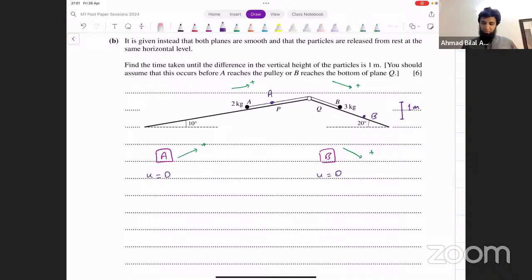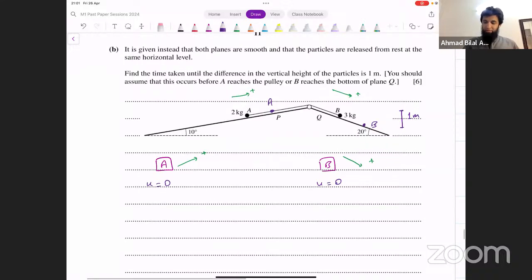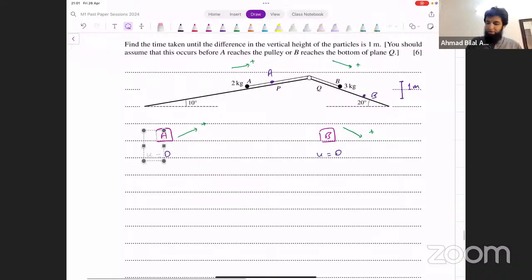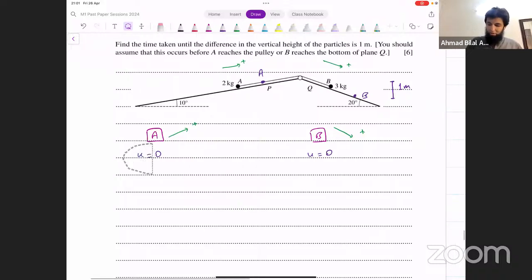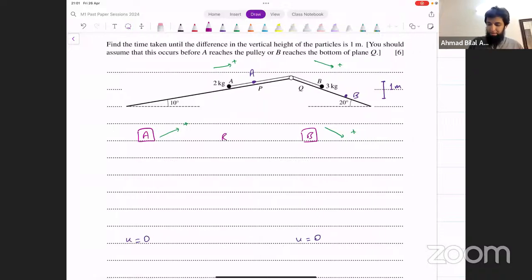What else do we know? We have to find the time taken. What we can also do is find the acceleration. Both the surfaces are smooth, so we can find the accelerations first of all. Then we can use kinematics after that, because we know the forces acting on the two particles.